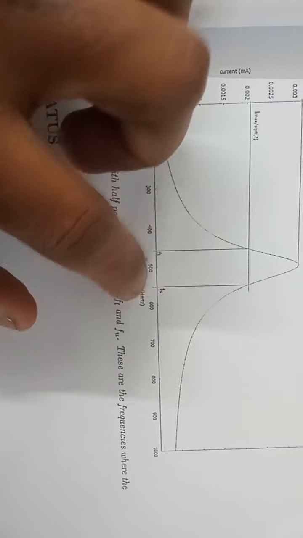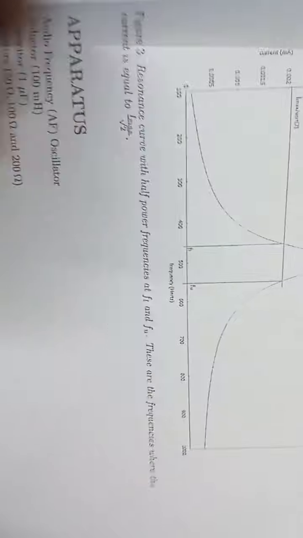The difference of these two frequencies, F2 minus F1, would be the bandwidth of this LCR circuit. Because you have 3 curves, you will have 3 different bandwidths and resonance frequencies, which will hopefully be the same.